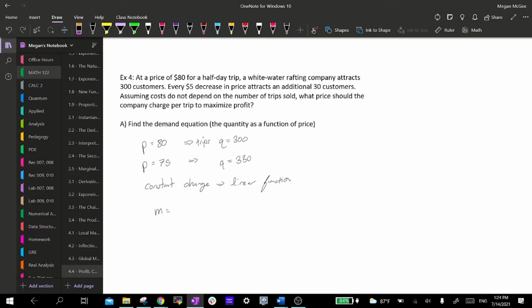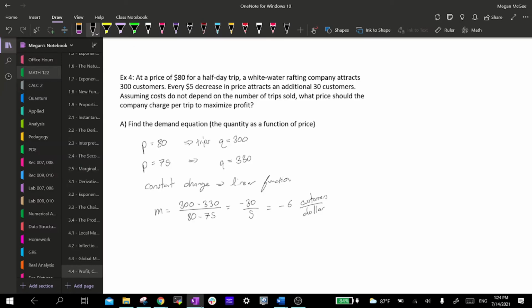So we have 300 minus 330 over 80 minus 75. Then we get negative 30 over 5, so we end up with negative 6. If we want units, this is customers per dollar.